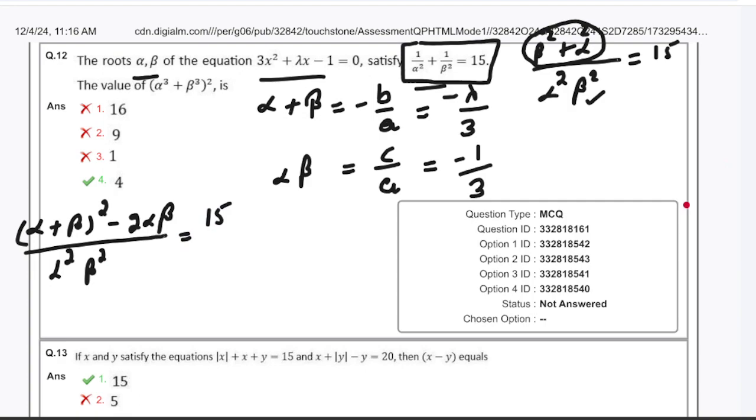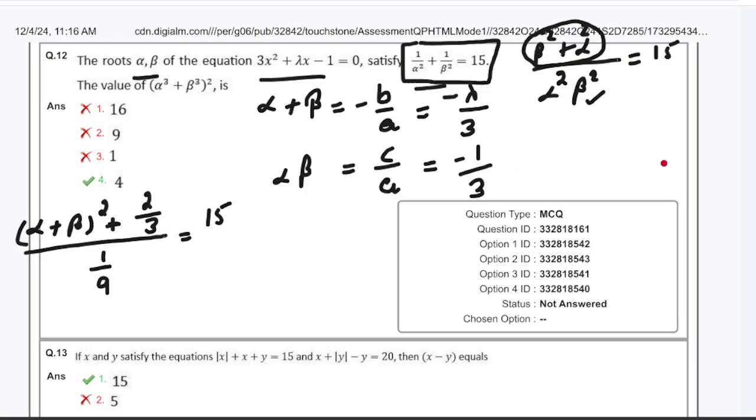Now if I replace the values, at alpha square beta square we can have alpha beta square, that means 1 by 9. Here also, where we have 2 alpha beta, we can say 2 upon 3, and minus into minus gets plus.